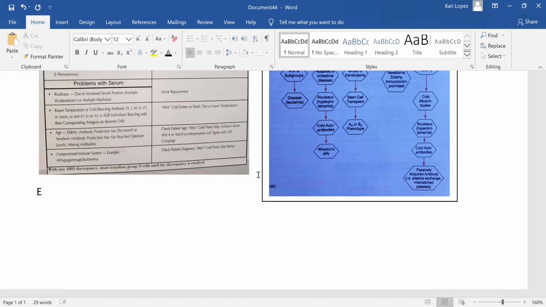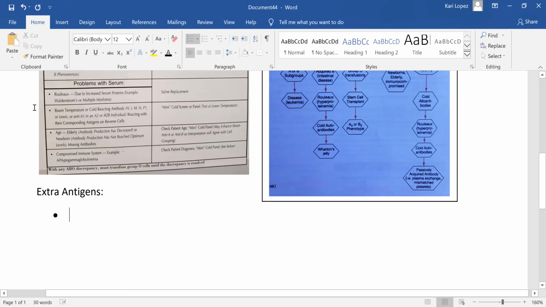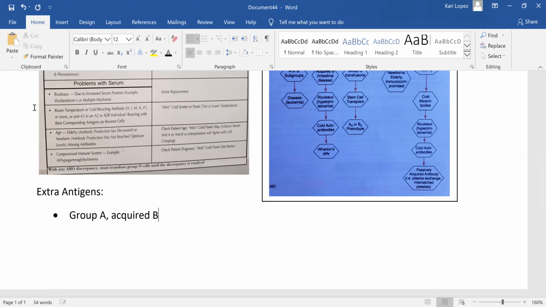So we've got extra antigens. We've got group A with acquired B. So the group A sugar, the immunodominant sugar, is altered by the deacetylating enzyme.